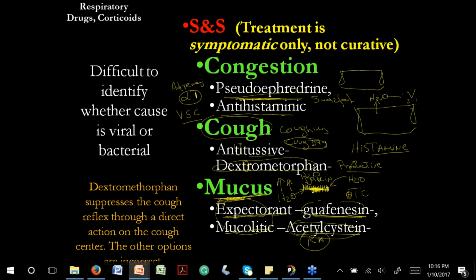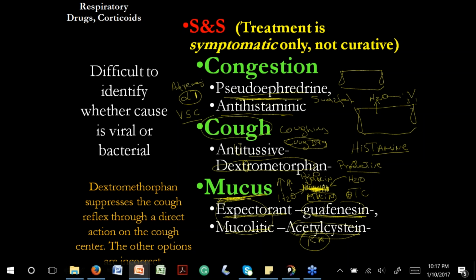And that is going to be easier to get rid of. And the mucolytic, that is acetylcysteine, is breaking down the protein called mucin. So there are two different mechanisms of action that have the same function. Acetylcysteine is going to break down the protein of the mucus, and that makes the mucus more fluid, easier to get rid of.